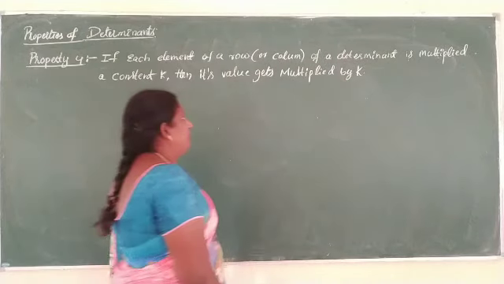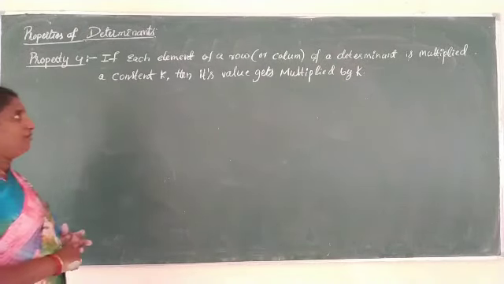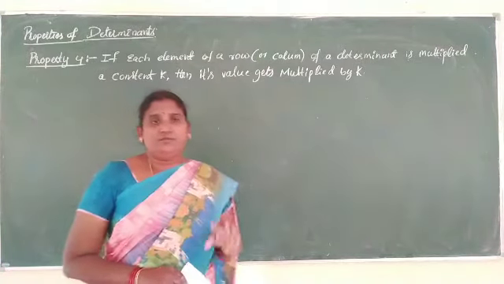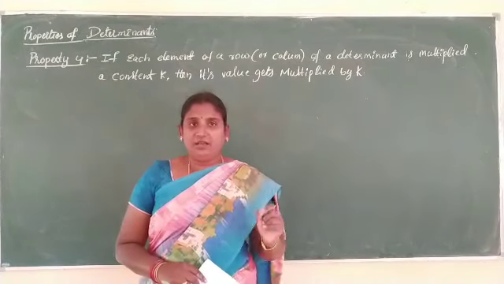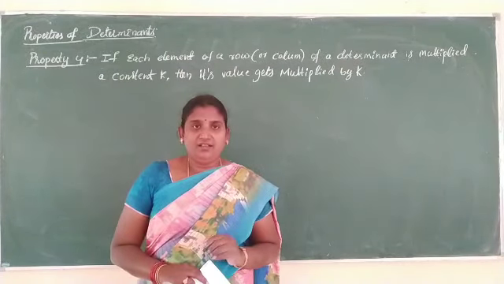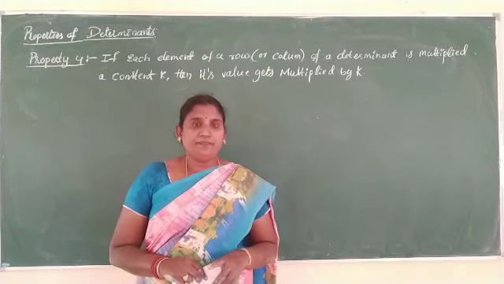So let us read this once. If you choose any one row or any one column, and each and every element is multiplied by k, then the value of the determinant is also multiplied by k.